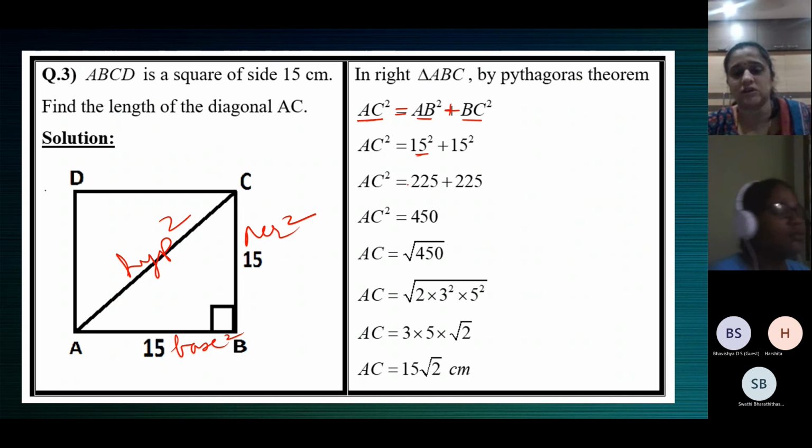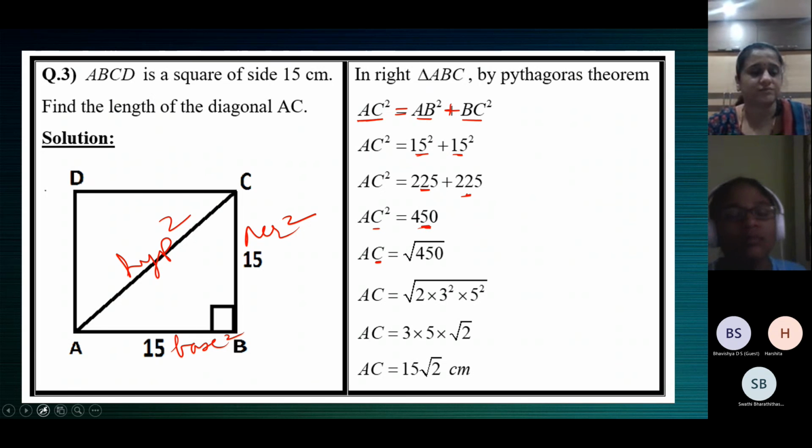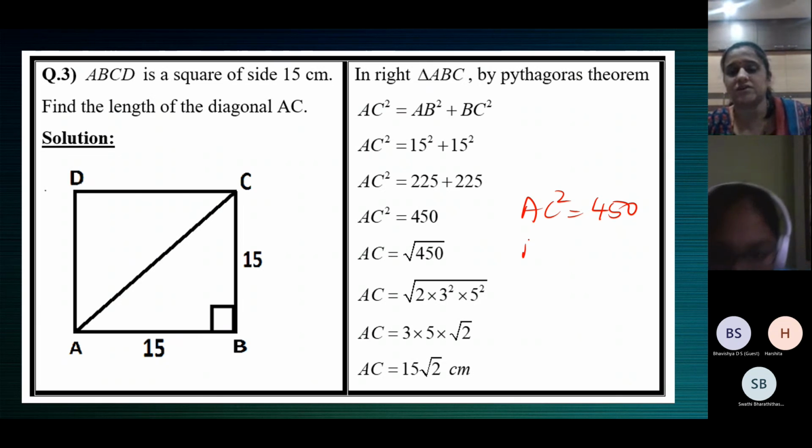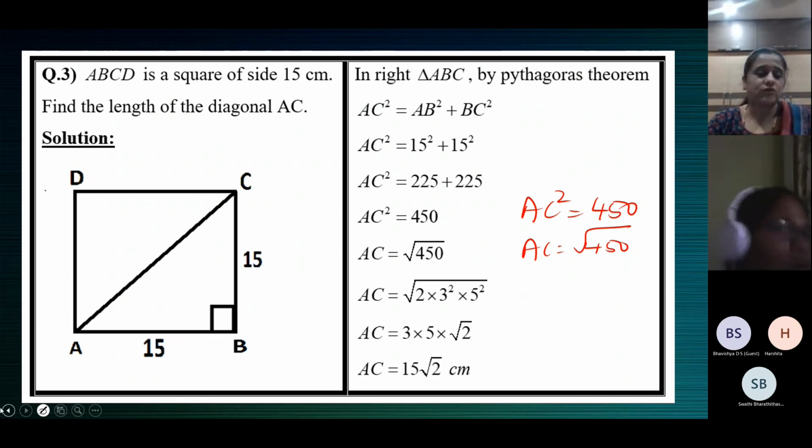In a square, all sides are equal. So 15 square is 225, 225 plus 225 is 450. So AC square is equal to 450. AC will be equal to the square root of 450.